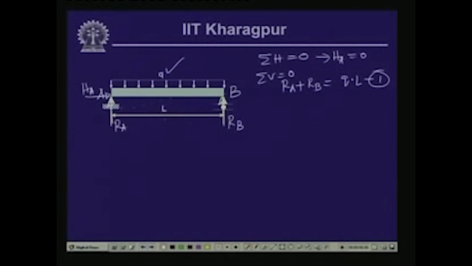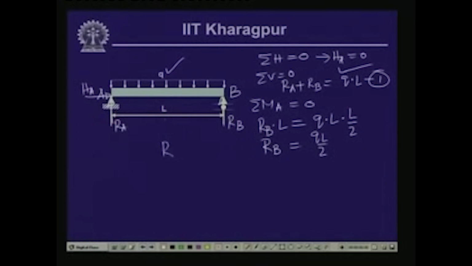Now, if we take the moment of all the forces with respect to A, moment about A equal to 0, we have R B into L, which is in the anti-clockwise direction, is equal to Q times L, which is in the clockwise direction, times L by 2. So, this gives us a value of R B as equal to Q L by 2, and from equation 1 we can write that R A is equal to Q L minus Q L by 2, which is equal to Q L by 2. From this particular diagram also we can visualize, this being a symmetrical one, that R A is equal to R B is equal to Q L by 2.